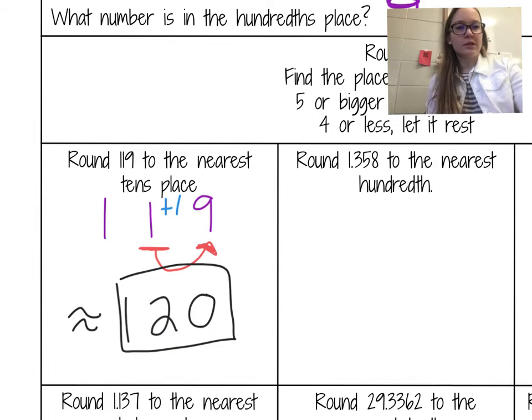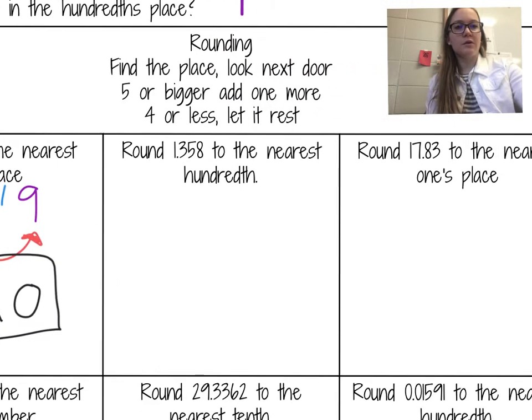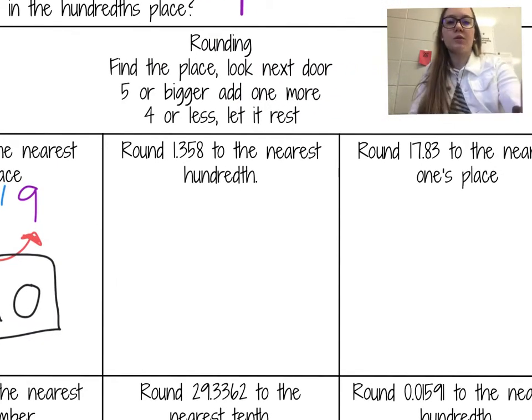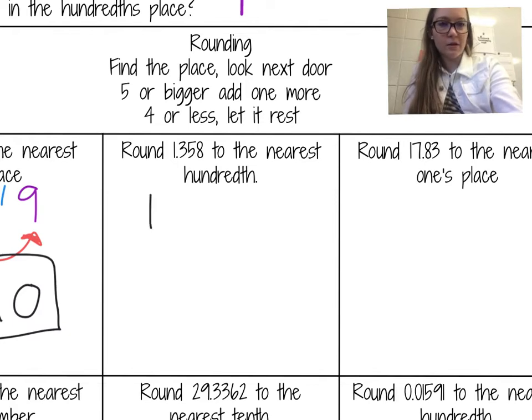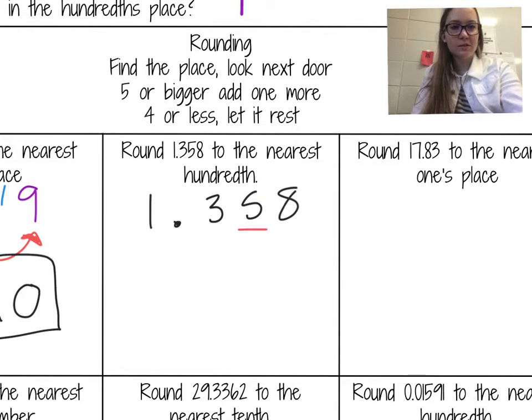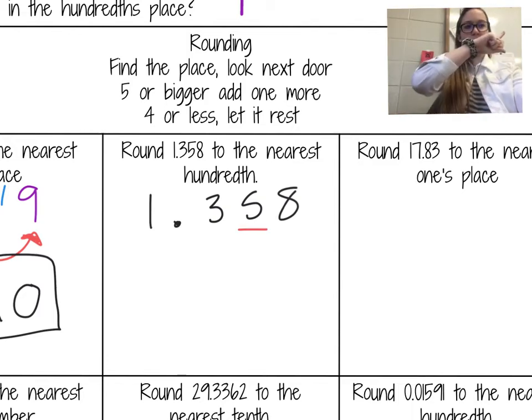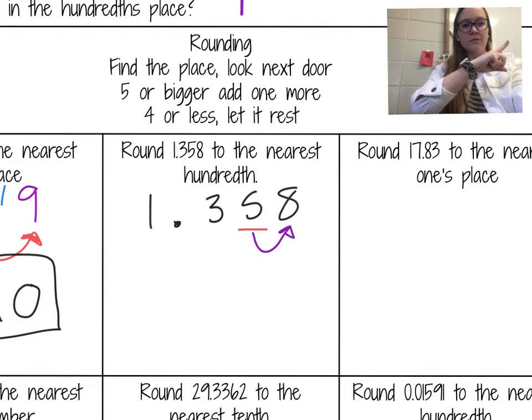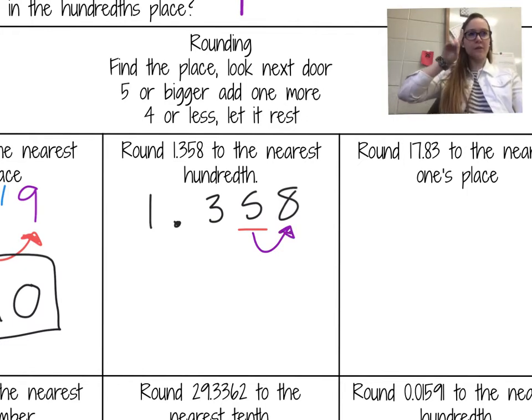All right. Next one, round 0.358 to the nearest hundredth. I'm going to start by writing it. So I find my place. Goes decimal point, tenths, hundredths. So 5 is in the hundredths place. And then I look next door, I look to the right. 5 or bigger, we add 1 more.